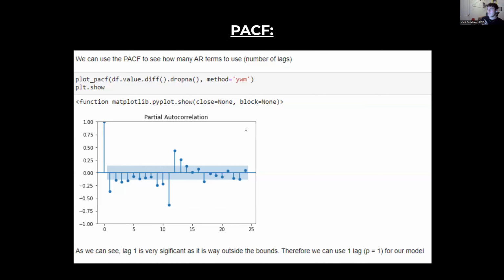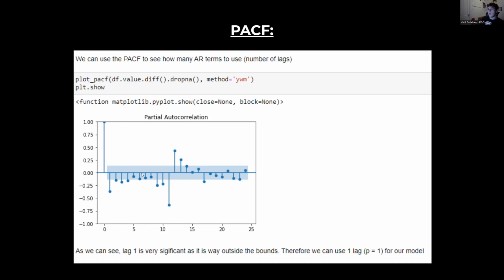Here's an example of PACF in the Jupyter notebook, like I described. As you can see, we can use PACF to see how many AR terms, or the number of lags, to actually use. Here I'm plotting the PACF, which is also from statsmodels. I imported PACF, and I'm plotting it using the values.